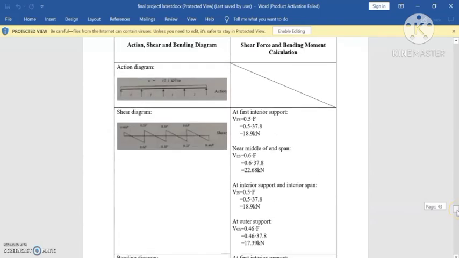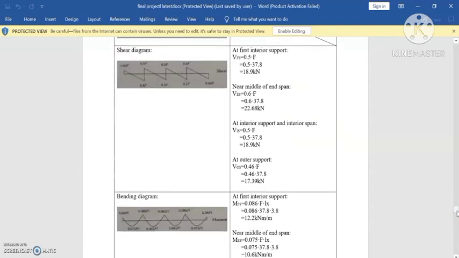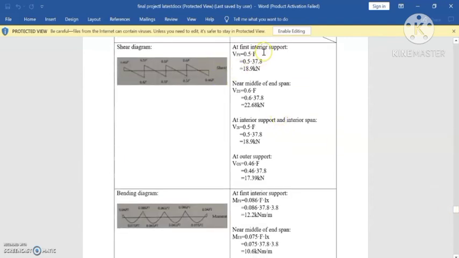And then we get the shear force directly. At span equal to 3, it has the interior support and interior span. Interior means the middle of 3 spans, right? The middle one is the interior support and interior span. That means it's here.